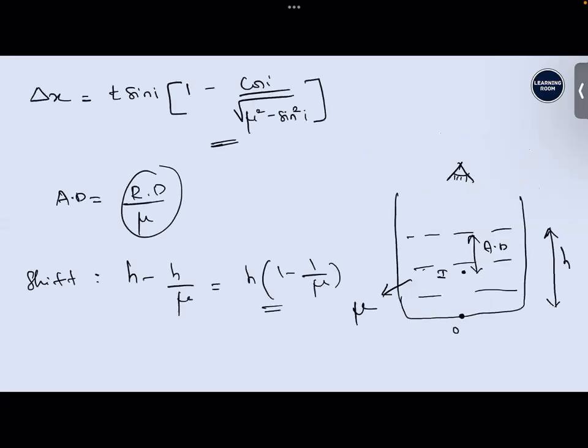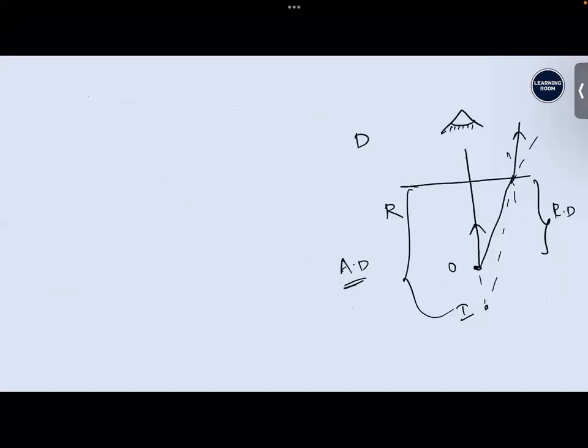In the previous one, you got apparent depth is equal to real depth divided by mu. What will you get now? At least try. Label them.